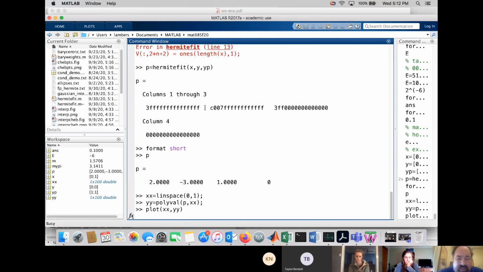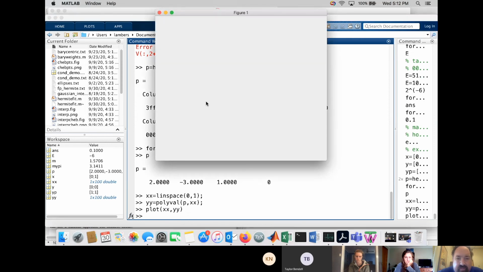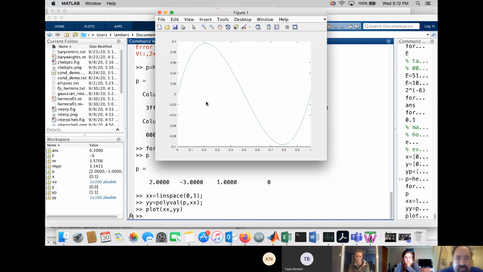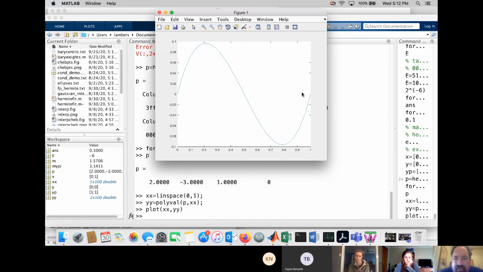And I'll see if it meets the conditions that I imposed. All right. It's equal to 0 at both points. And the slope, at least it's positive. So that helps. So that convinced me that this polynomial is actually correct.